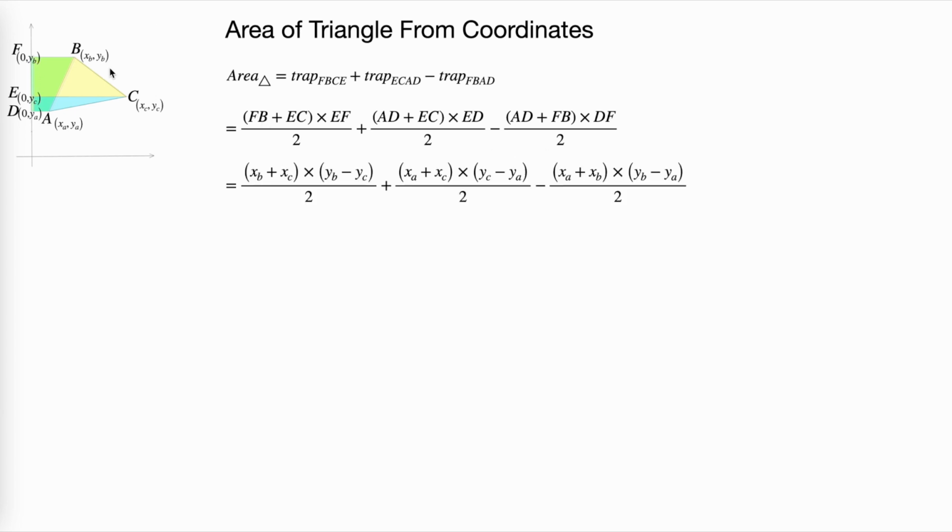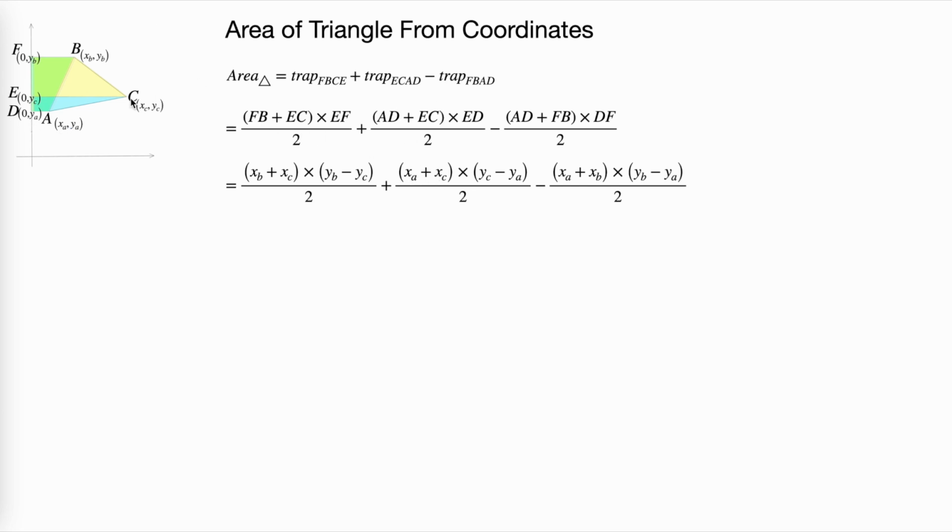F to B, they have the same y value. The distance is delta x, which is xb take away 0, which is just xb. EC, for the same reason, is just the x of the c value, times EF. The height, the x's are both 0, so it's the difference in the y's. It's yb minus yc, all divided by 2. The next trapezium, A to D, is XA take away 0, which is just XA.